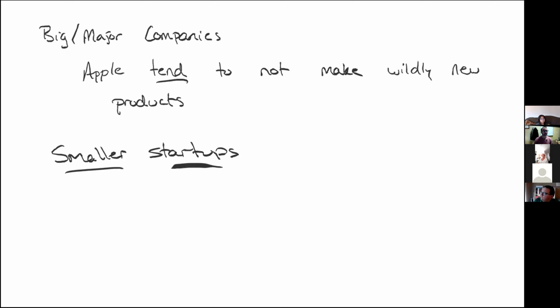Why does Facebook or Apple or Google prefer to take something that someone else does and just make it better, right? Well, if you think about it, if you are a big major player, do you want to risk your company's reputation on something that may or may not pan out?